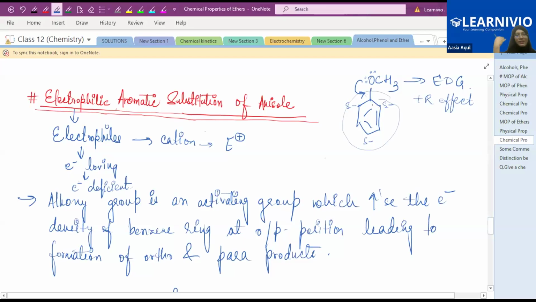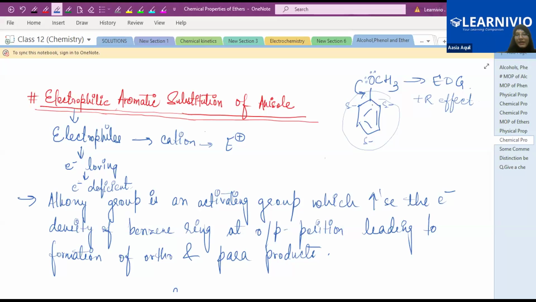Whether you are doing electrophilic or nucleophilic aromatic substitution, anything, the product will be ortho and para directed. It means the nucleophile or electrophile will get attached to the ortho or para position, so you will get an ortho and para product.